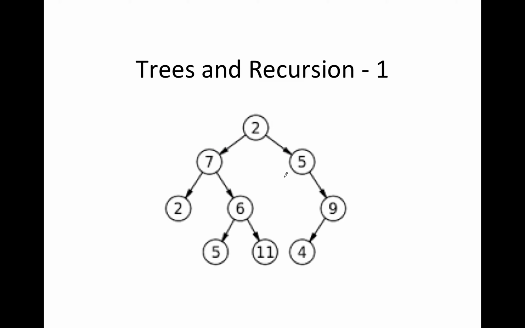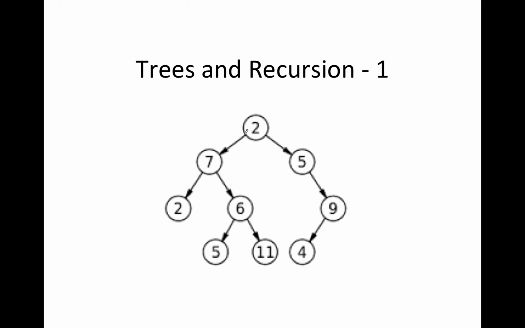However, in a linked list, each node just had one pointer to the next element. That is, each node just pointed to one other element. While in a tree, each node can point to two or more elements. However, for simplicity, we will just consider binary trees where every node has at most two pointers.